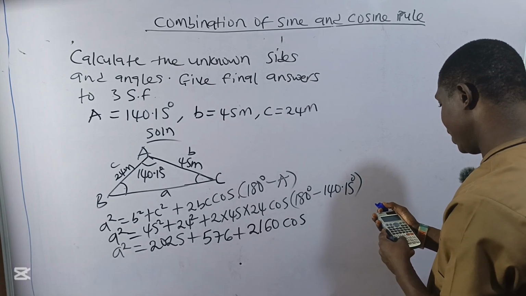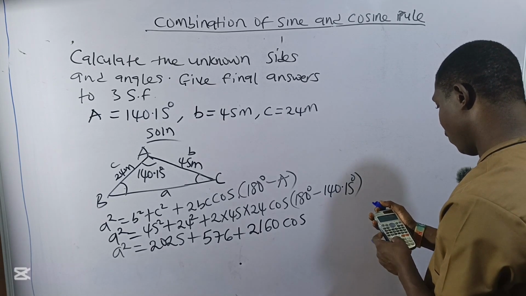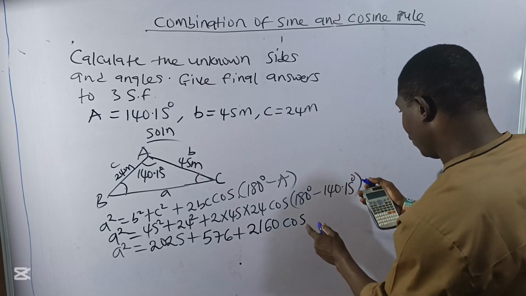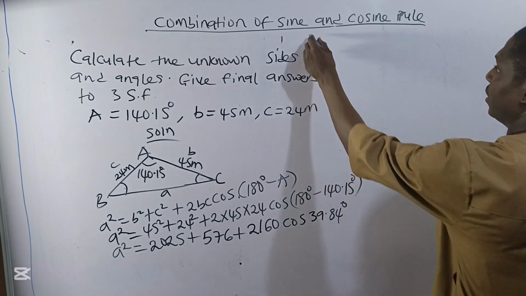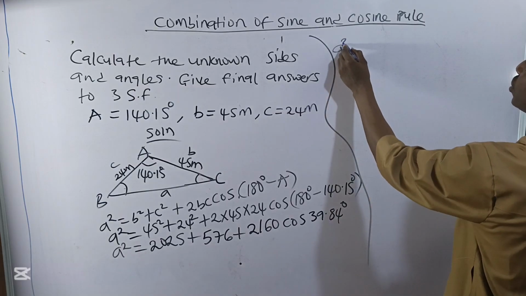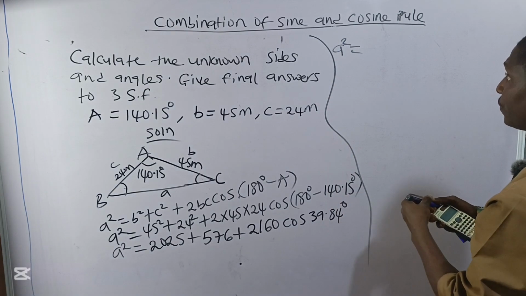So I have 180 minus 140.15 to give me 39.84 degrees.